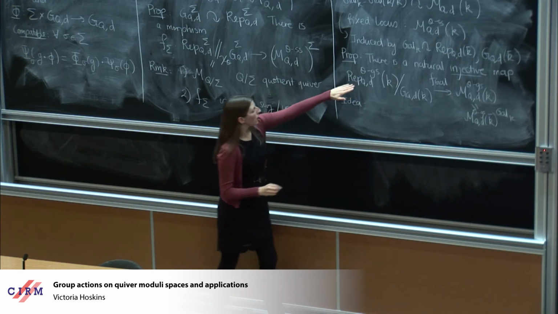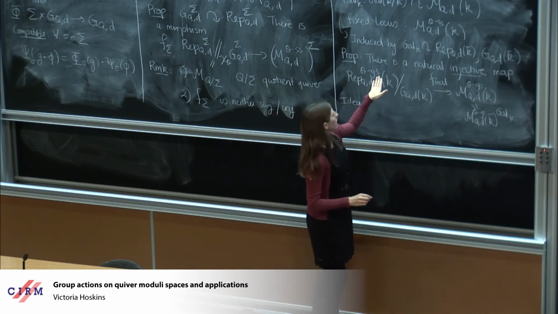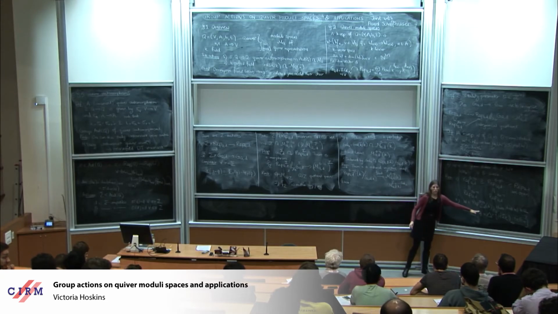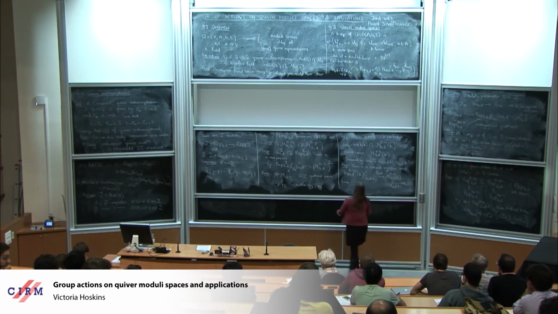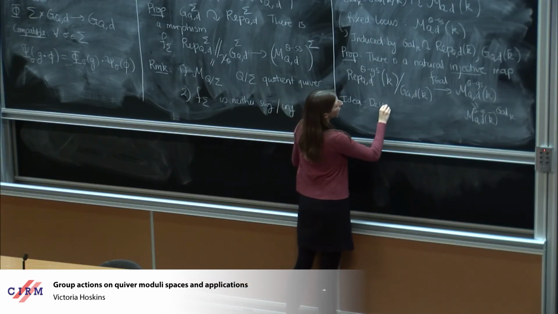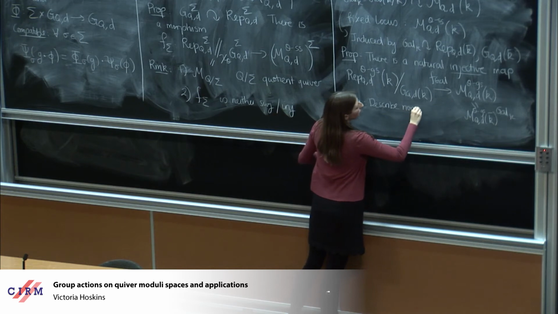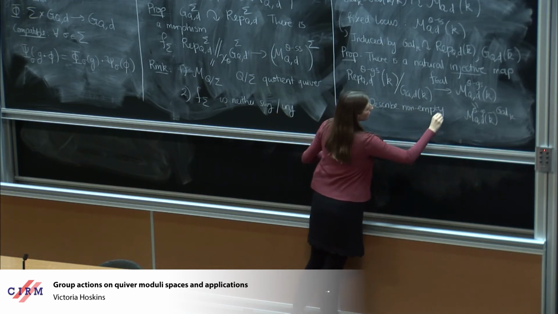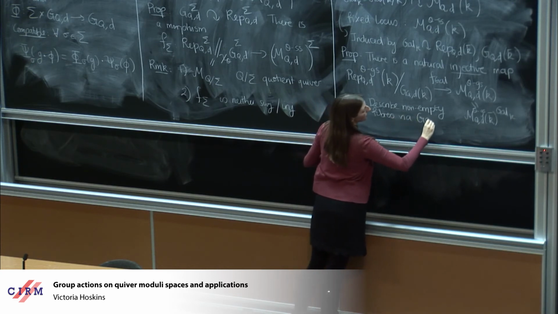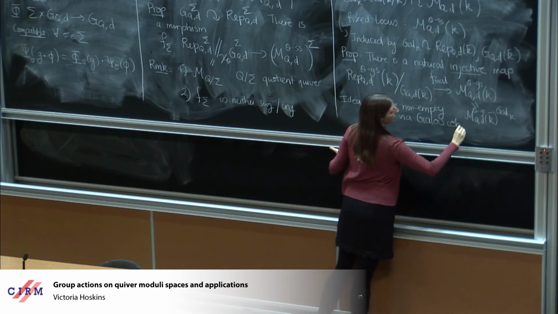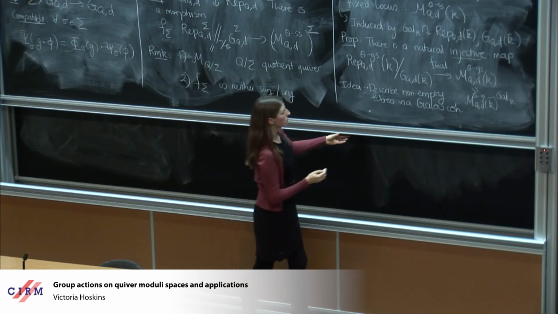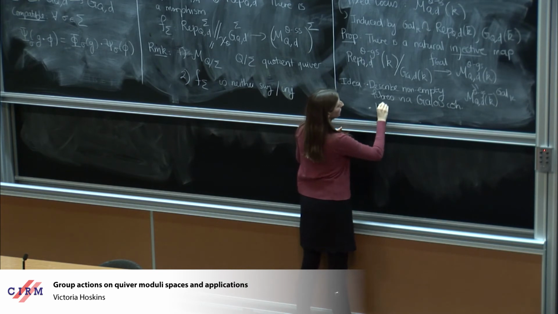The reason for restricting to geometrically stable representations is this point here, that we know that the stabilizer is always this subgroup delta. And then we describe the non-empty fibers in terms of Galois cohomology. And to show that this is actually injective, we use Hilbert's 90th theorem.